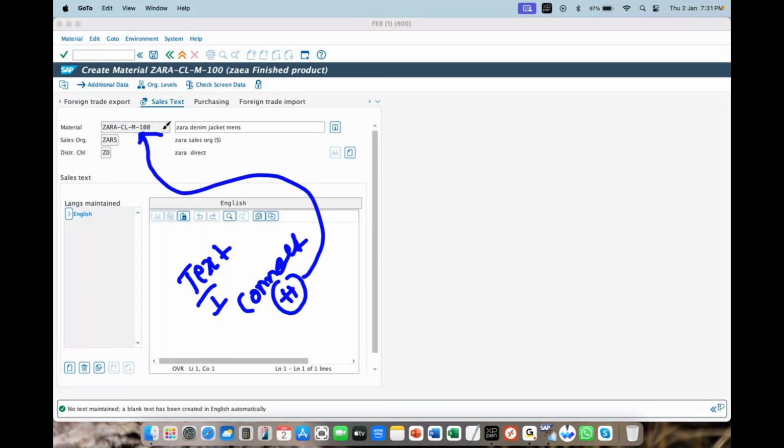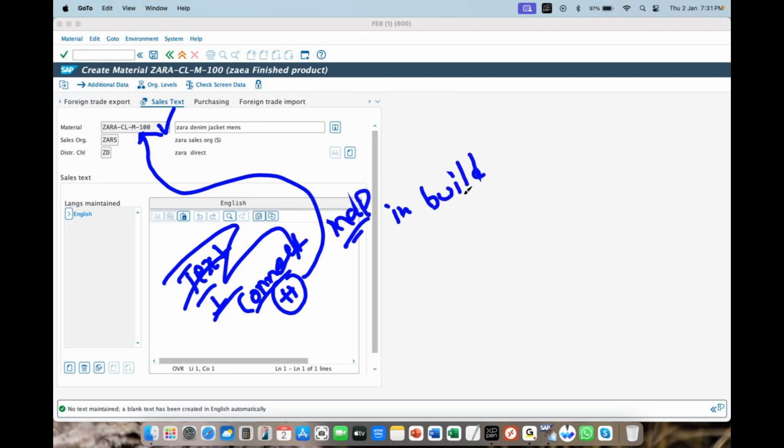So wherever you take the reference of Zara CLM100, this text will appear automatically. That is the new update. Earlier it was independent. Now it is mapped in the build. So once I tag the text over here, wherever you take the reference of the product, it will show. Simple. During the order, when I select this product, it will show the text that was tagged.